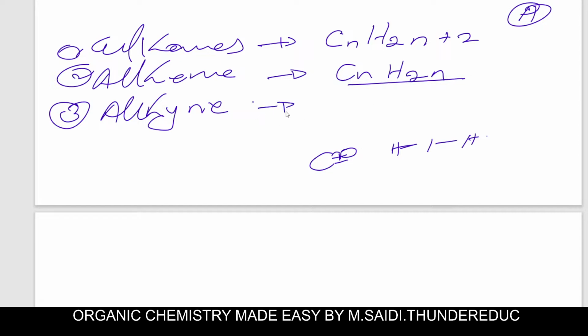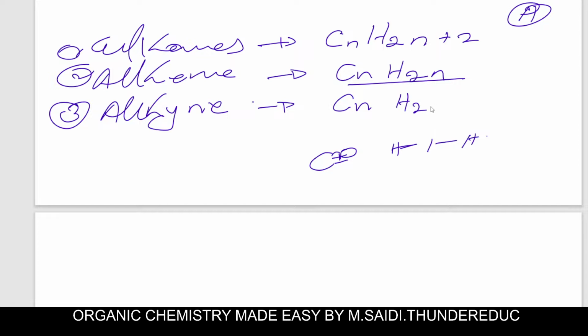Then alkynes, because it has a triple bond, it means that it is losing more. Alkynes are short of 2 hydrogens compared to the alkenes. Therefore CnH2n, now because it is short of 2 hydrogen atoms for one bond, then another 2 hydrogen atoms for another bond.